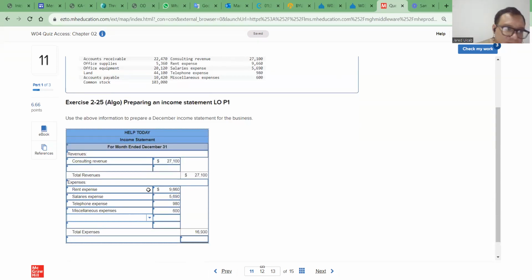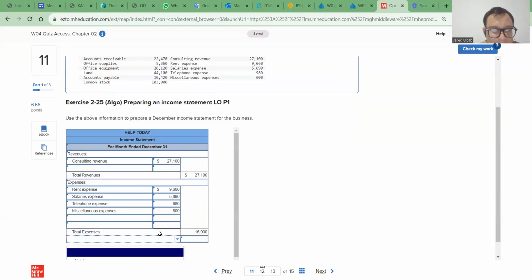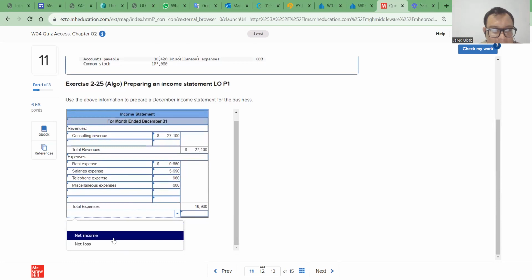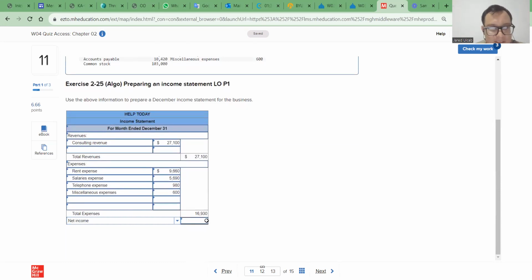And that's it. The program automatically tells us the total revenues and the total expenses, and we can see that we have more revenues than expenses. So we have net income, and we need to use a calculator for it.